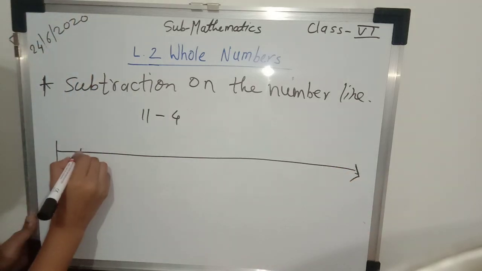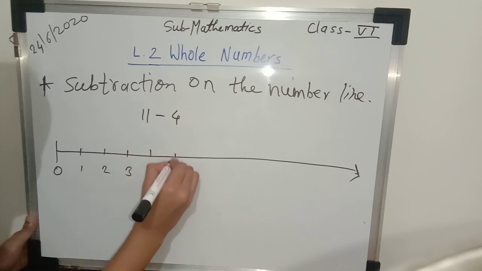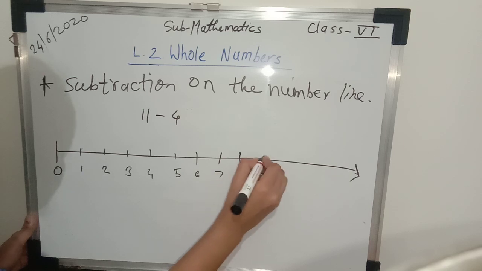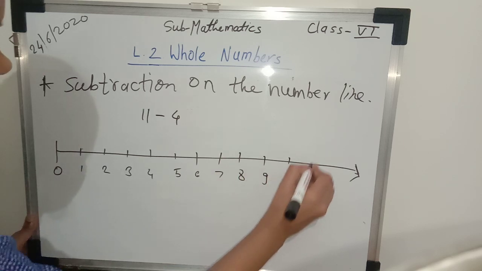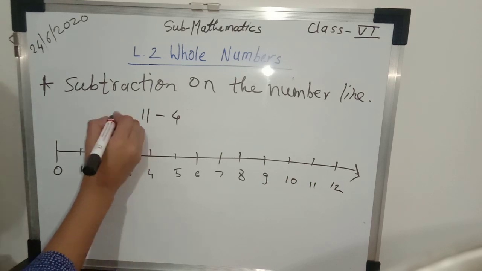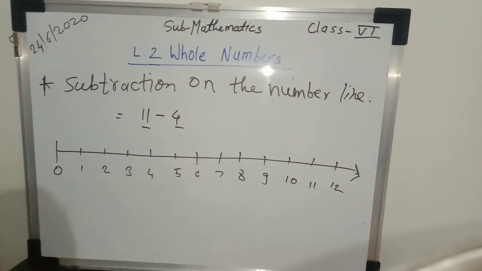So 0, 1, 2, 3, 4, 5, 6, 7, 8, 9, 10, 11 and here 12. We have to subtract the 4 from the 11 and we'll get the answer.